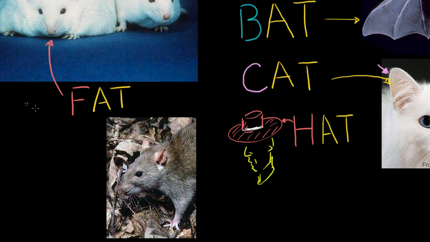And so, once again, rat starts with the R sound. The R sound is R. R for at, rat. That's a rat right over there. Now, what about if you have a door?